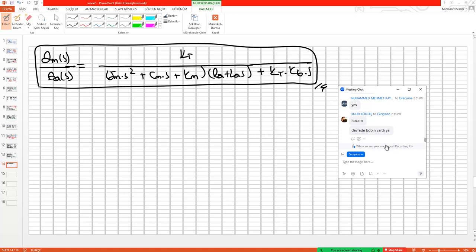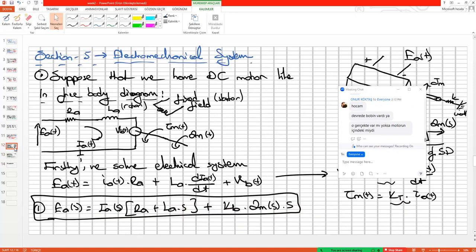Yes, we have an inductance in here, and it's inside the motor. So every element in here is the stator and rotor. Just remember that, Onur, this Ra is the rotor cable. But this rotor cable creates the resistance of these terms.